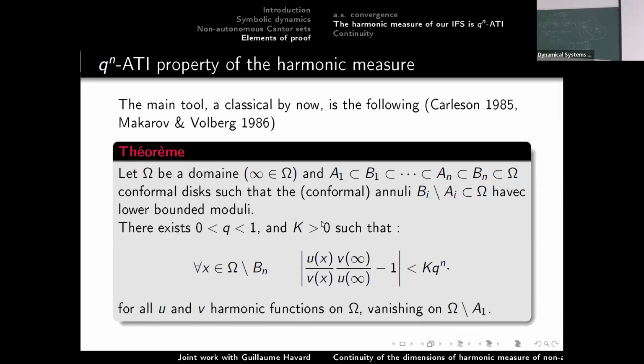The functions are supposed to vanish outside A1. Now you take x far away, outside these annuli, and then this ratio is stabilized; in fact it does not depend on x once you have taken x. That is a very beautiful and tricky application of Harnack inequalities.